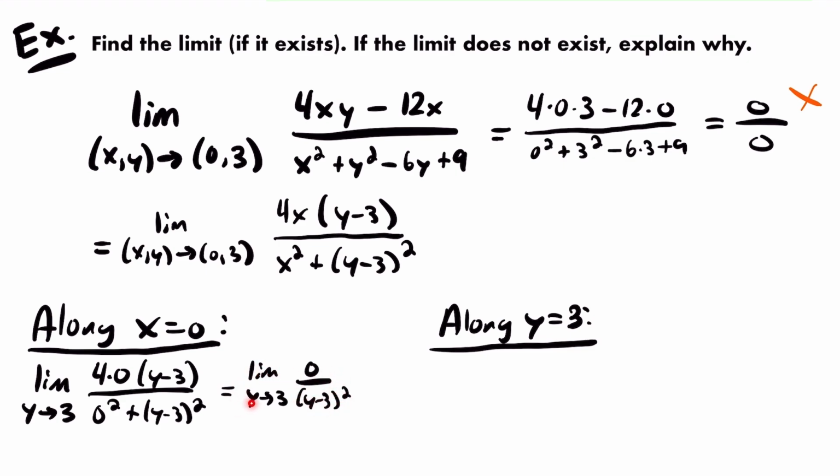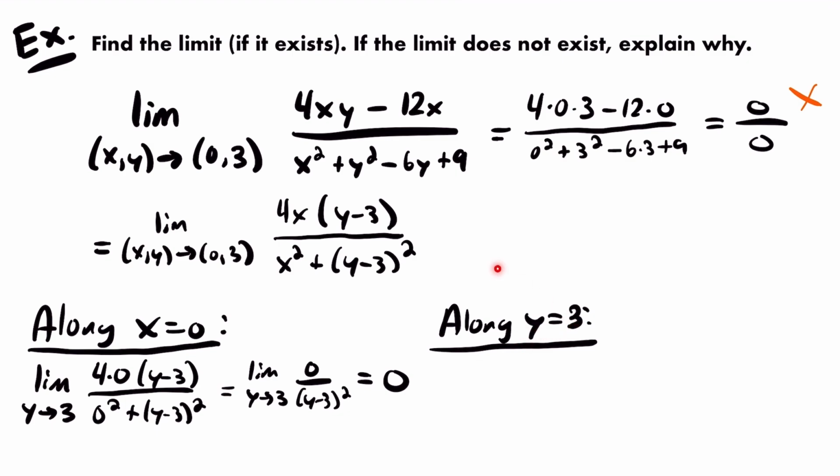So you'll have the limit as y approaches 3 of 0, which will just be equal to 0. All right, so that's what we get for the limit along x equals 0. As you travel along that path on this surface and approach the point 0, 3, the path leads to a z value of 0. But let's compare that to along the path y equals 3.